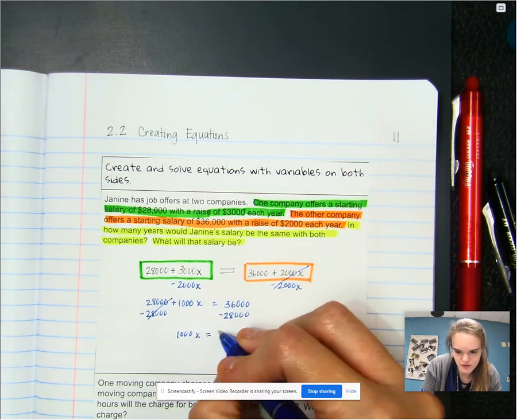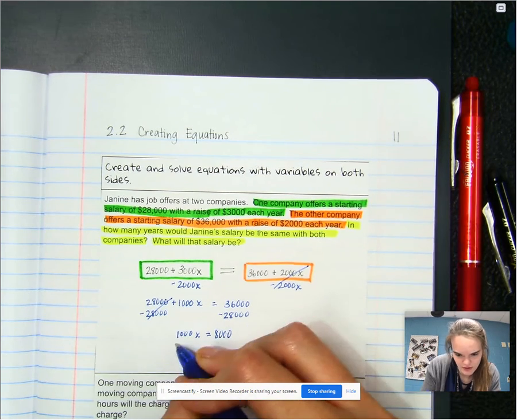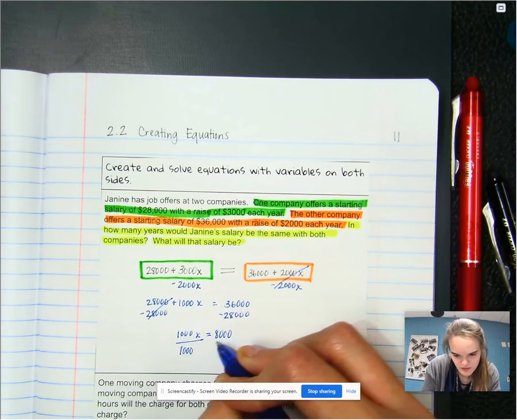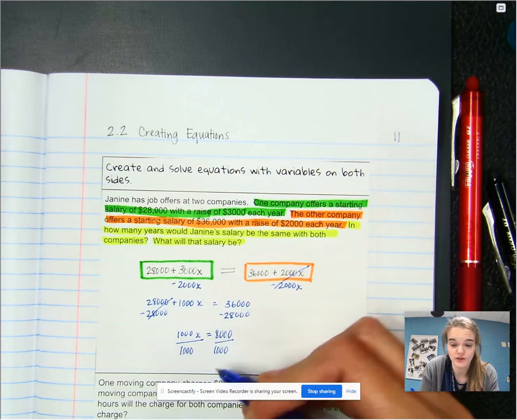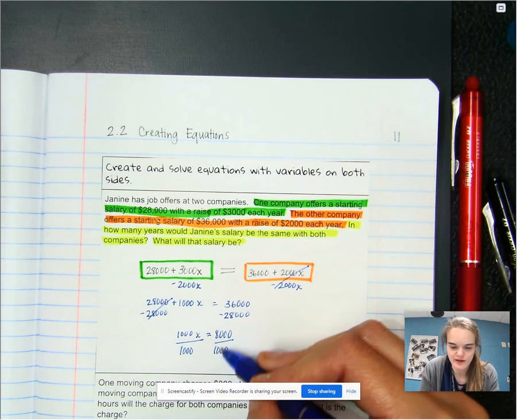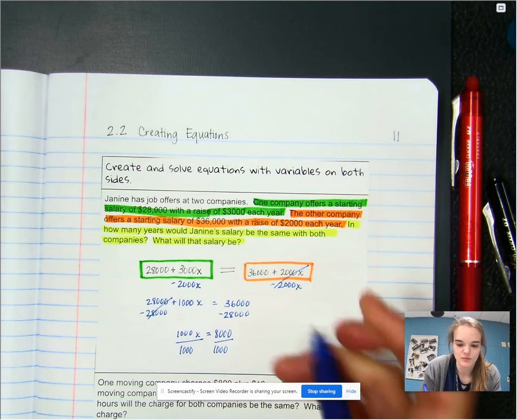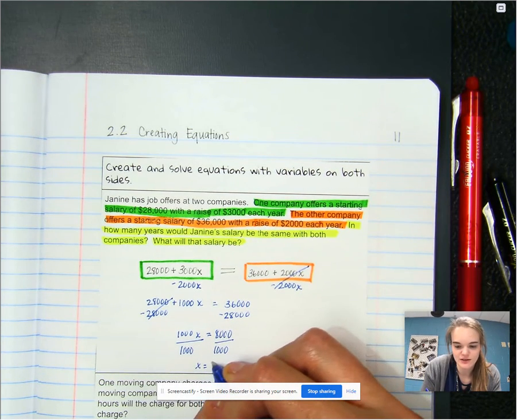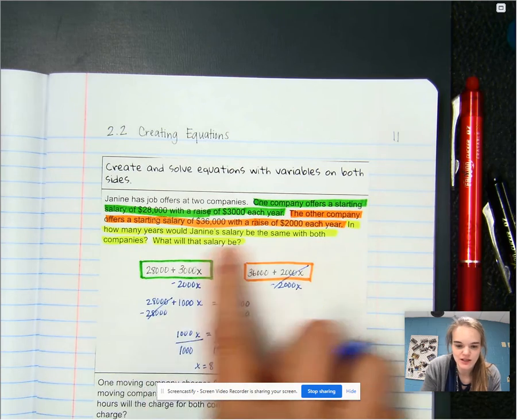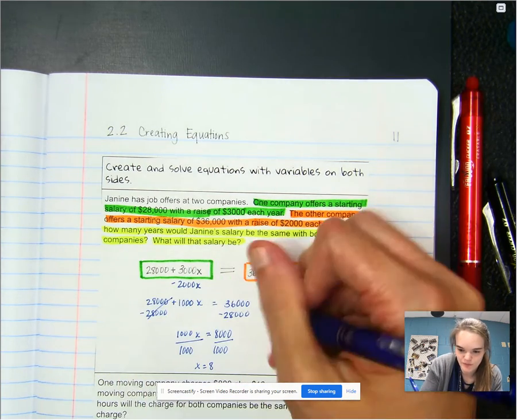Okay, I got 8,000. Okay, now divide by 1,000. By the way, anytime you have all these zeros, if you have the same number of zeros, it's the same as doing 8 divided by 1, which is 8. So x equals 8. So, in how many years would Janine's salary be the same?